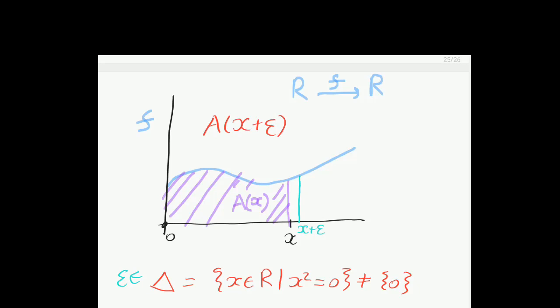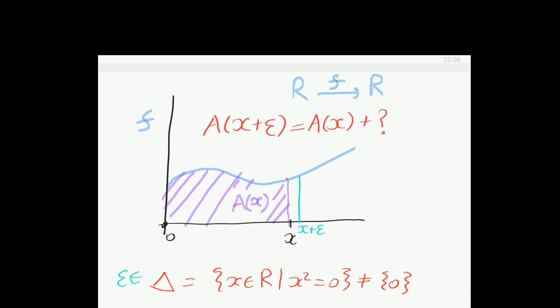And we can work this out visually, okay? Because we're really talking about this area now, which is just this purple area plus this little extra strip here. And so we can say that A of x plus epsilon is going to be A of x plus something extra. And what's this extra thing?